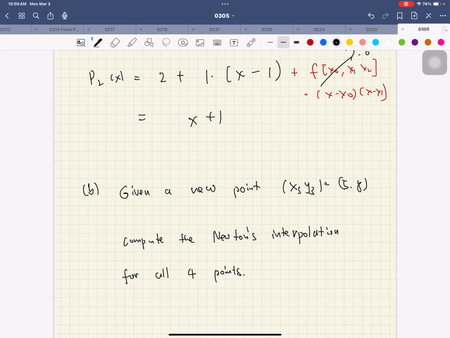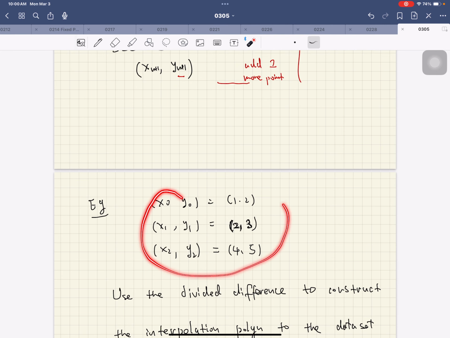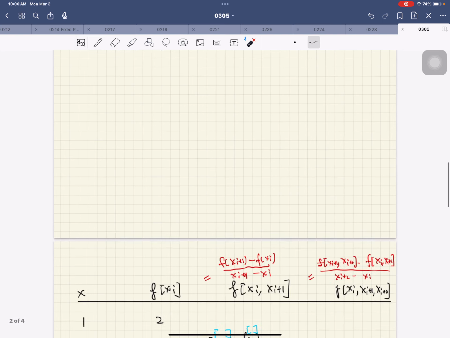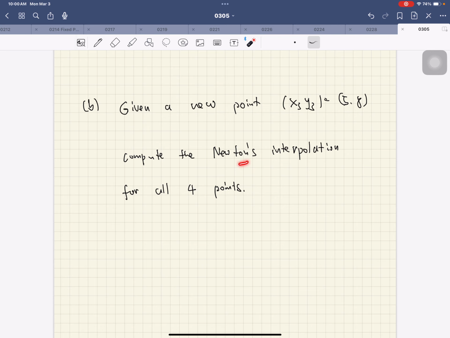Okay, so we have a new point over here, and we need to compute the Newton's interpolation, not for this new point only, but for all 4 points we have. That means we also need to include (x0, y0), (x1, y1), and (x2, y2), these 3 points plus this 1 point. Okay, and the question already specified that we need to consider the Newton interpolation.